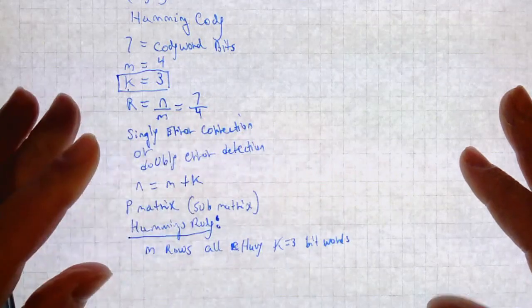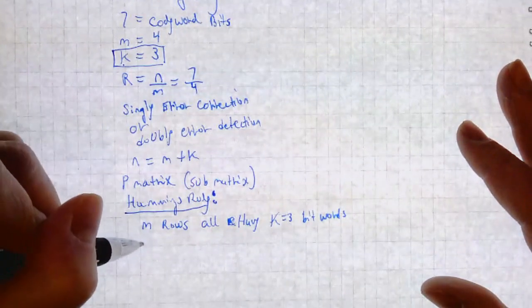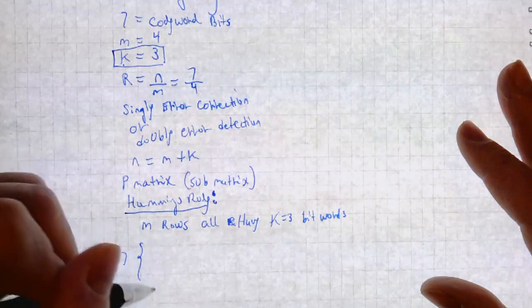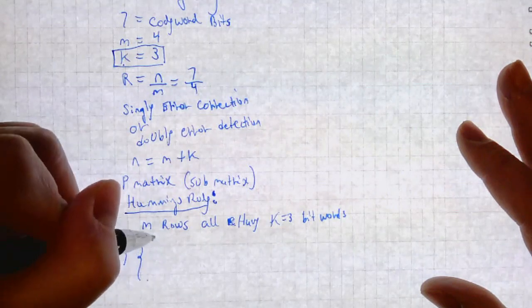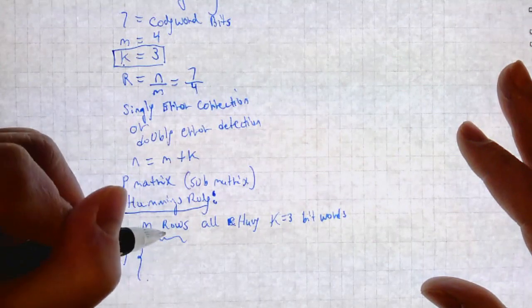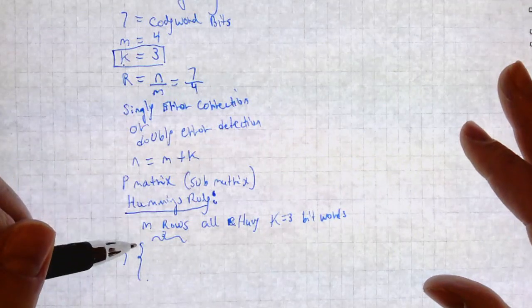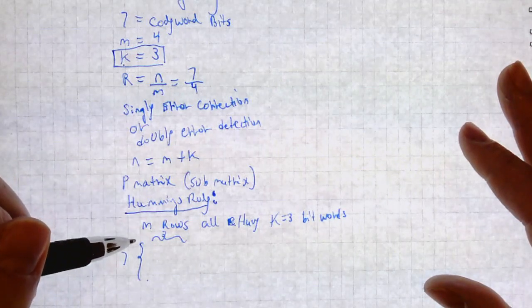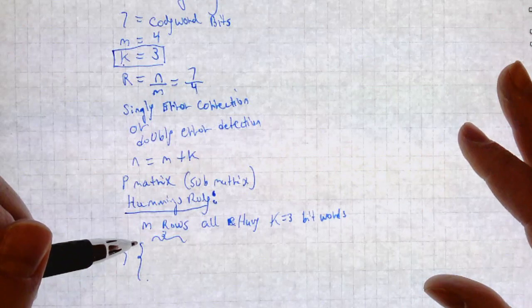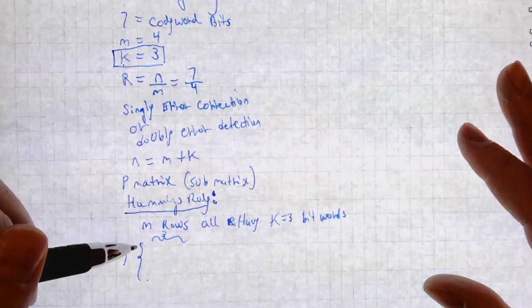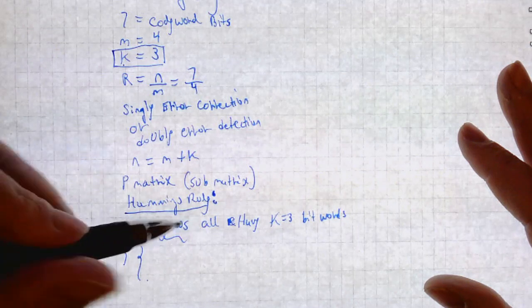So now we've got 7 rows by 3 bits worth of column. Let the m rows have all 2 or more ones in any order.